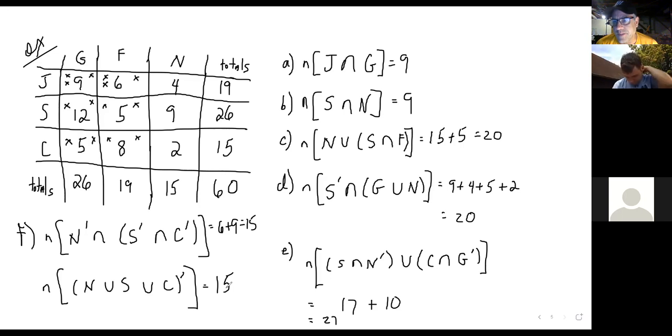On Monday, I do have some other loose ends I want to tie up dealing with infinite sets. And we're going to review. I'm going to assign a quiz that is basically a review quiz for the test that I then will assign. And so we will be wrapping things up for set theory on Monday. And we'll look to move on to numeration and number theory, which is our next unit.